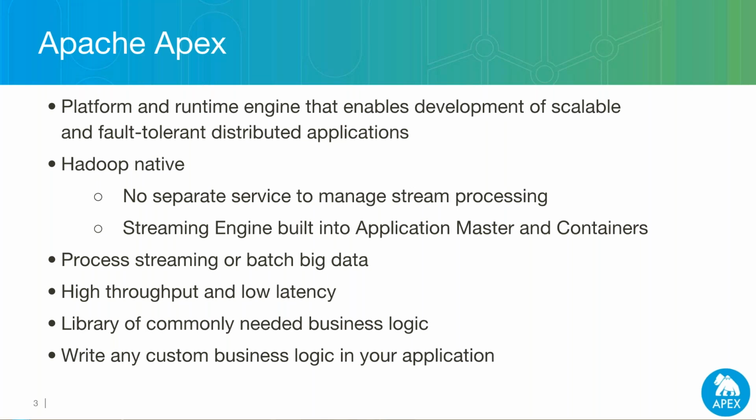Using Apache Apex, we can process streaming as well as batch data. Using Apache Apex, we can create high throughput and low latency applications. And also we have a library of commonly needed business logic, which is called the Malhar library. Using Apex, we can also write any custom business logic in your application.